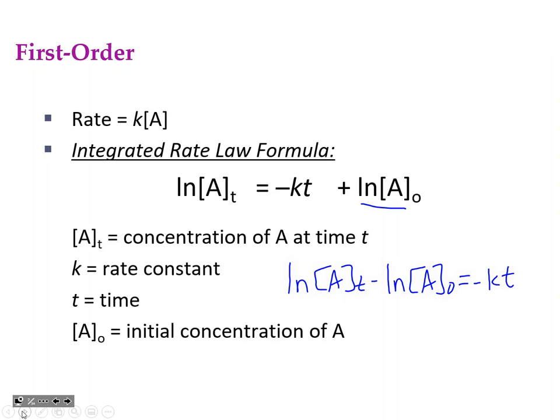So you'll notice on the formula sheet it's written as such. I like writing it the other way. You'll see it both ways if you Google or look in various textbooks. I like the first one better because it shows the linear relationship, like so.